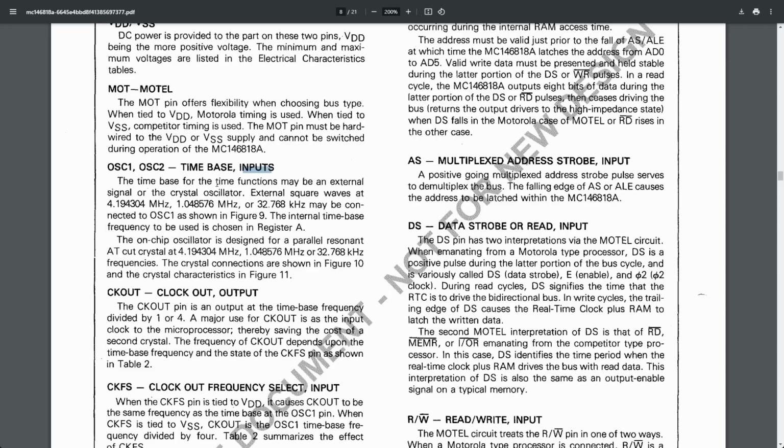The time base for the time functions may be an external signal or the crystal oscillator. External square waves at 4.1 megahertz, 1.04 megahertz, or 32.768 kilohertz. So I have a feeling we have to look for 32 kilohertz because this is just what I have seen so many times.